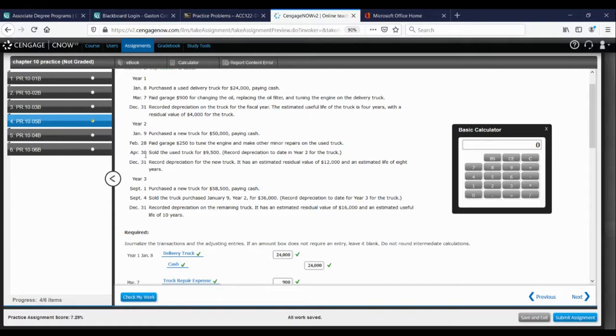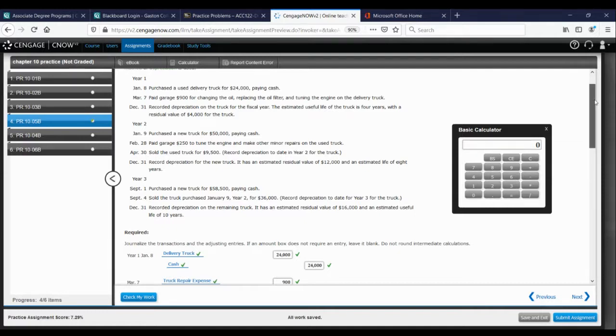So when you sell an asset in between year ends, you're going to have to bring the depreciation up to the date of the sale first. Then we're going to find the book value of the asset at the date of the sale, and then we're going to determine whether there was a gain or a loss on that sale.